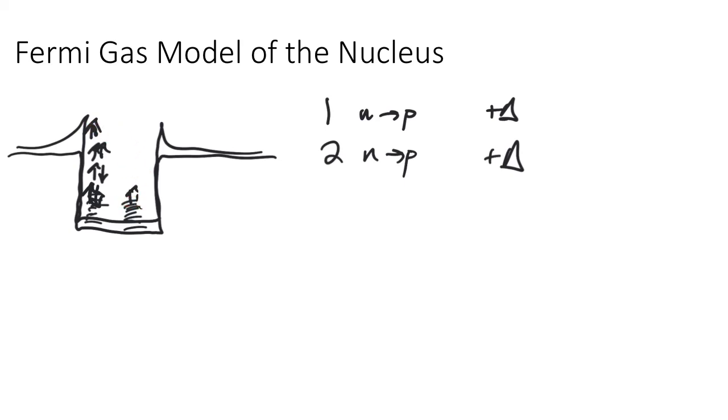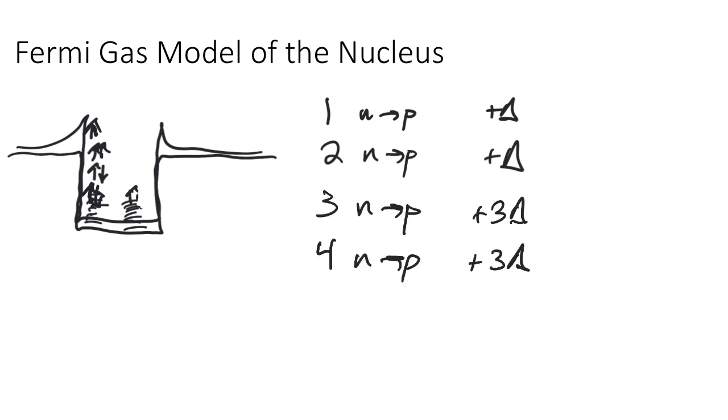So my third one changes by 3 delta. Likewise, the fourth one is going to change by 3 delta. But the fifth one, I'm going to hollow out one more neutron, and you have to go one higher in the proton. And so then I'm going to be changing by 5 delta.